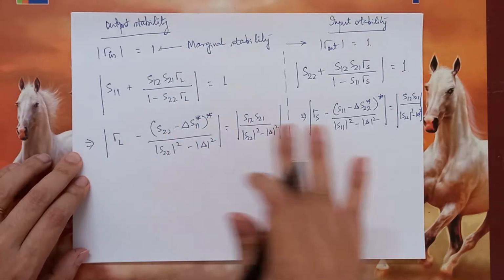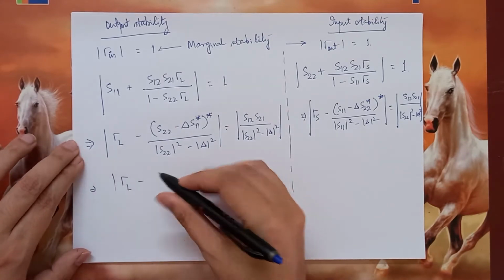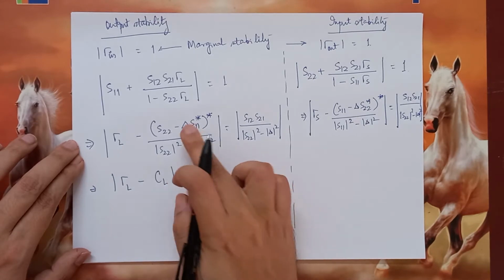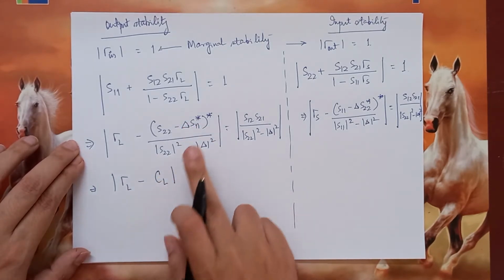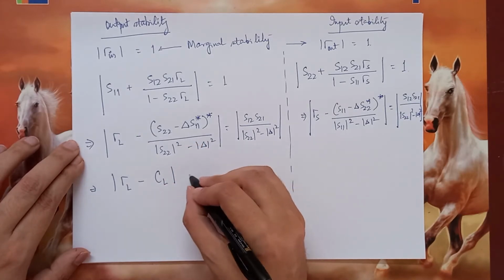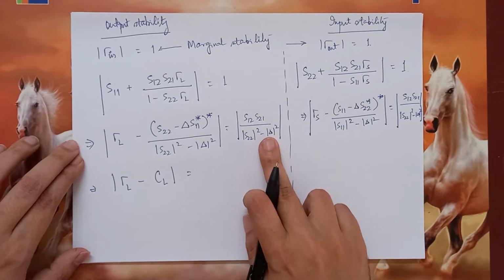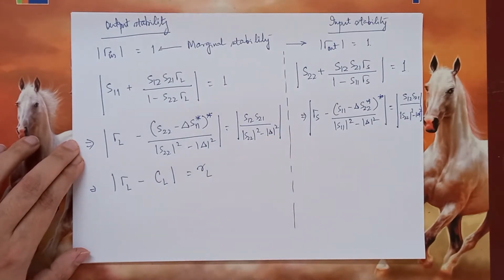So therefore we can assign some names for these, and we'll say that mod of gamma L minus CL, we'll call this a complex constant on the load side, and that is equal to some real quantity that also is for the load side, because we are talking of output stability.